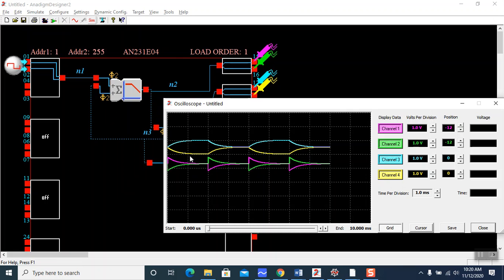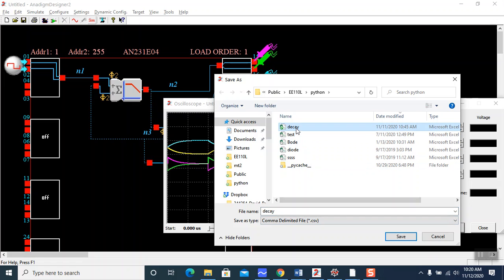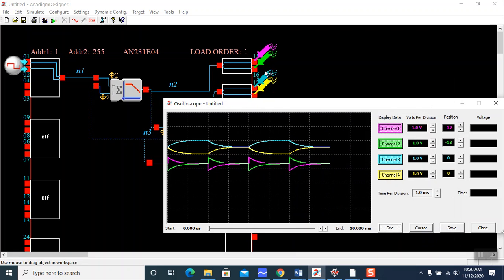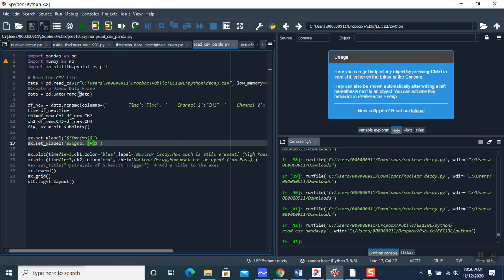All right. Now, if you've set everything up in this order properly, you can save this data as a comma delimited file, because these outputs are differential, and I read it in with Python.